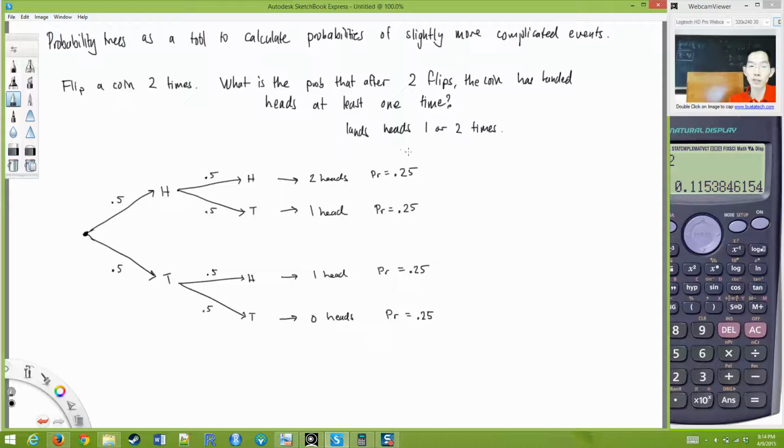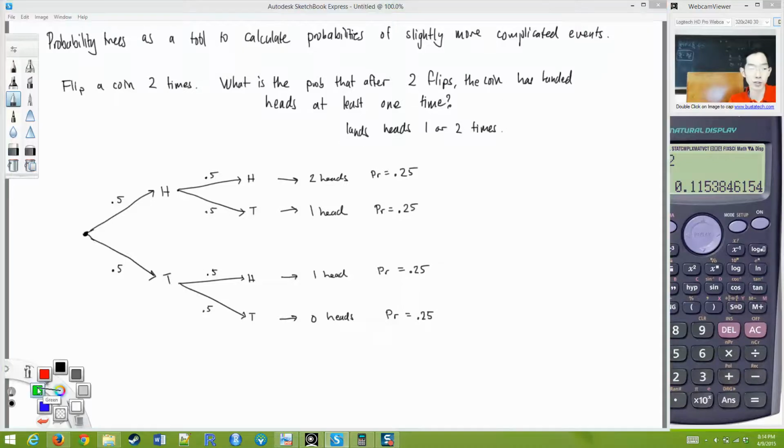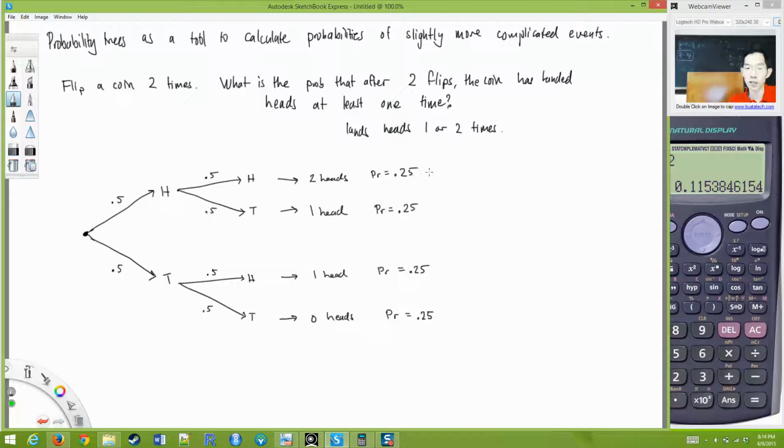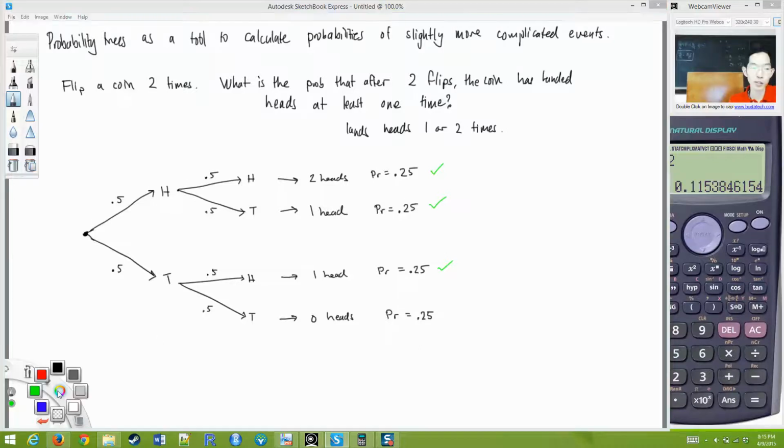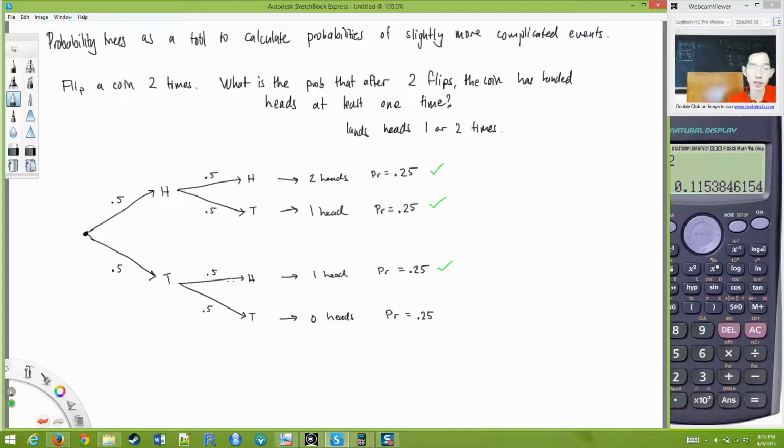So which of these outcomes qualify for the coin has landed heads at least once? Okay? This one qualifies, that one qualifies, and that one qualifies. Okay? So the total probability of us seeing that the coin has landed heads at least once after 2 coin flips would be what? 0.75.